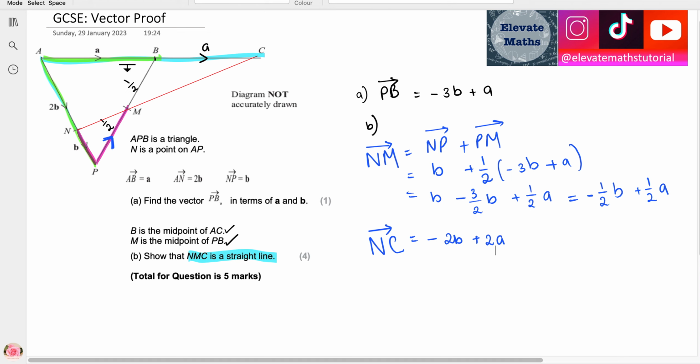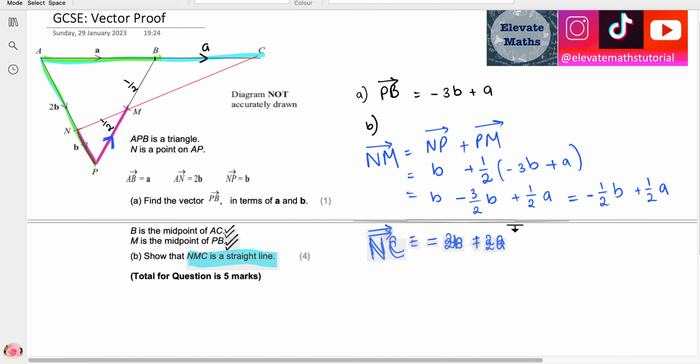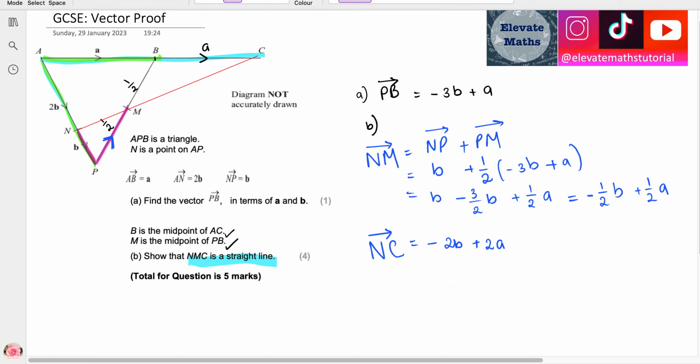Okay, so what we're doing here is we have to factorize these terms out. Okay, so here I can take a half out. If I take a half out, I'm going to end up with minus b plus a here. Okay, and what you're looking for is the same vector when you factorize the term out of this. So we can take a 2 out of this, and we'll end up with minus b plus a.